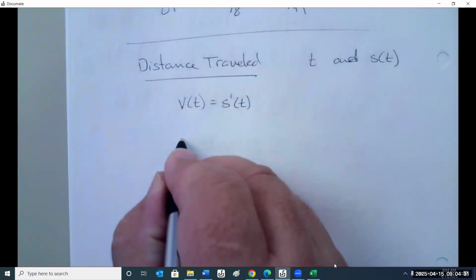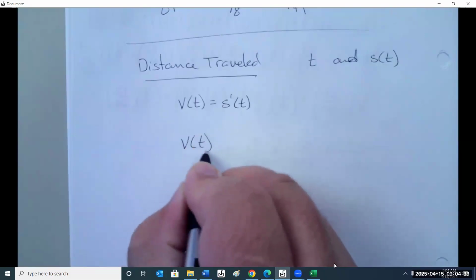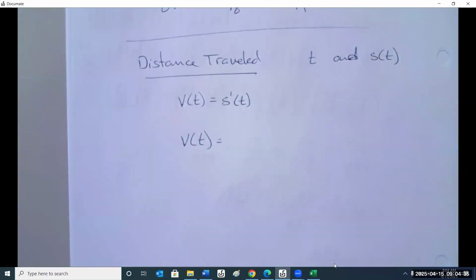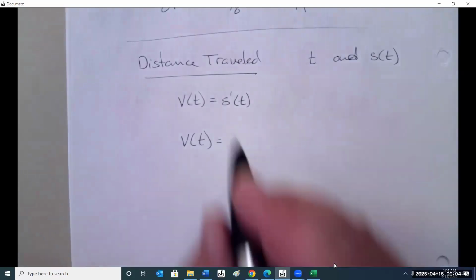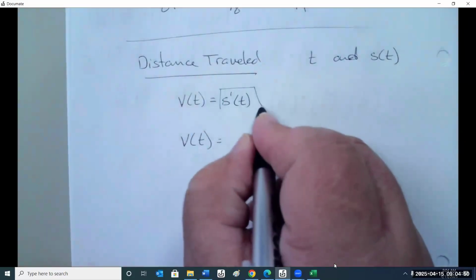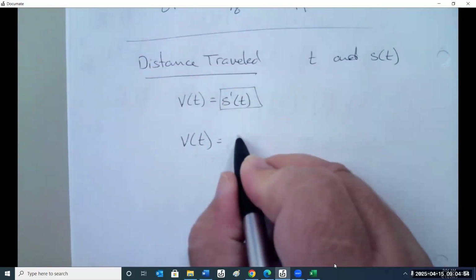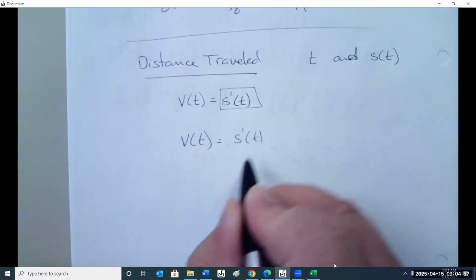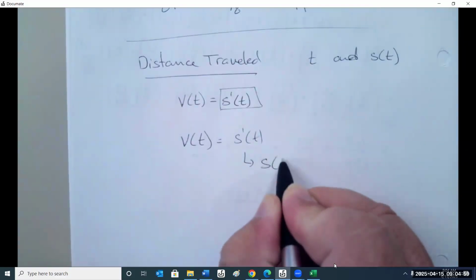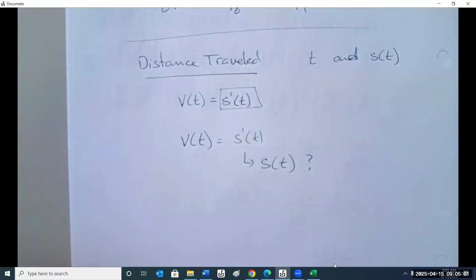But if we're given the velocity, how can we say anything about the position of our car, of our vehicle, our moving object? So what we have to do is figure out a way to determine, since that's the first derivative, what is our position?